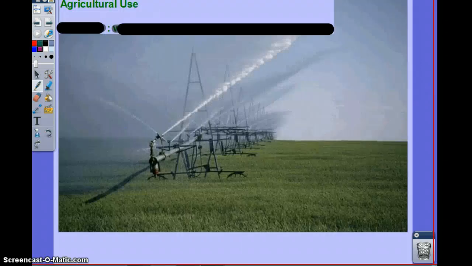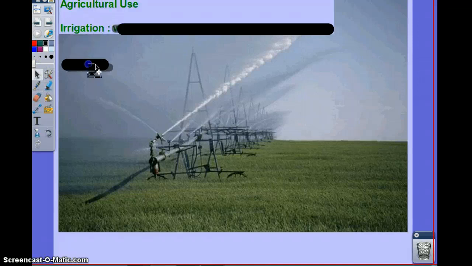So in the agricultural world, the main use of water is for what? Watering of plants. We call that irrigation. Look at this picture and tell me, besides the fact that you need excessive amounts of water to grow food, what is our biggest problem with irrigation systems?